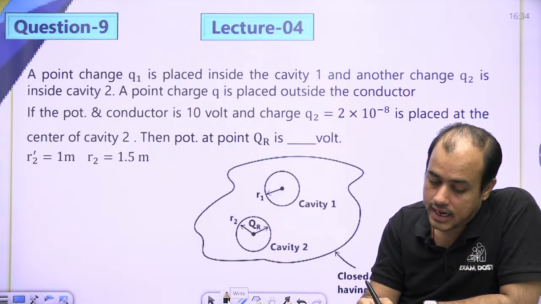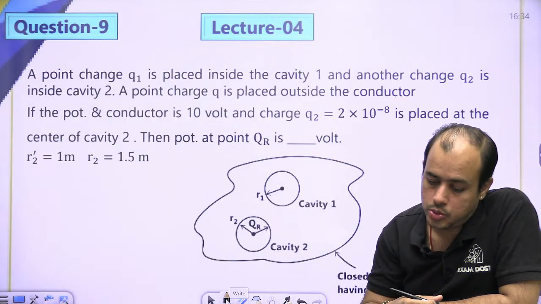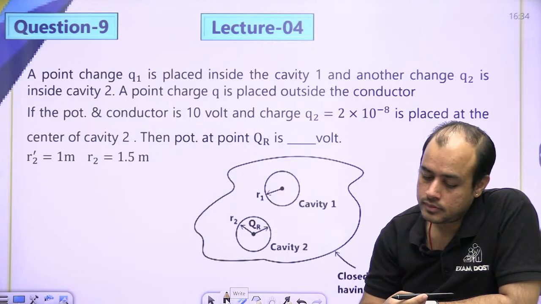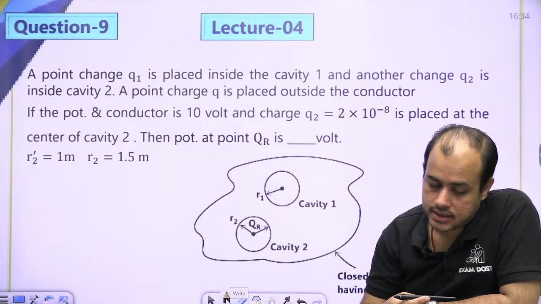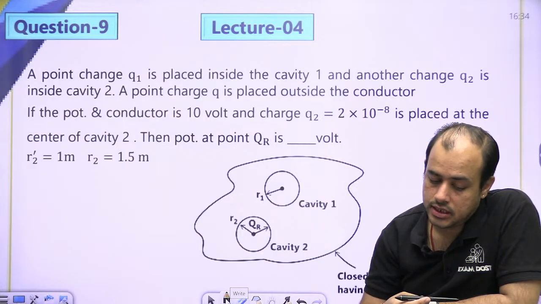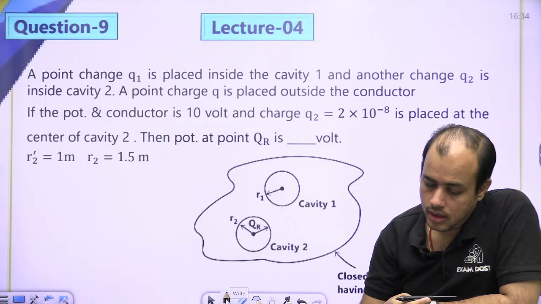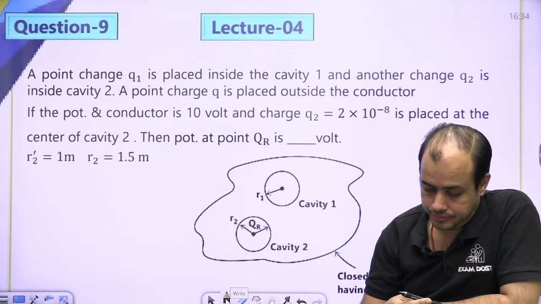A point charge is placed inside cavity 1 and another charge Q2 is placed inside cavity 2. A point charge Q is placed outside the conductor. If the potential of the conductor is 10 volt, and Q2 is placed at the center of cavity 2, then the potential at point QR is?